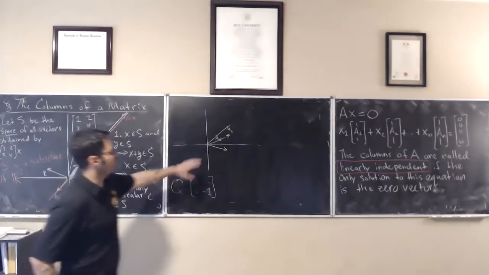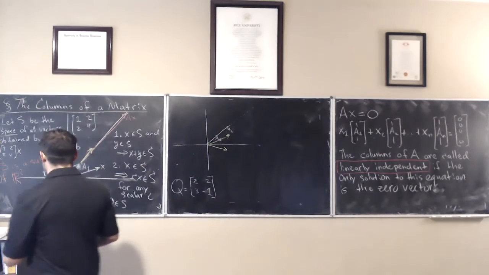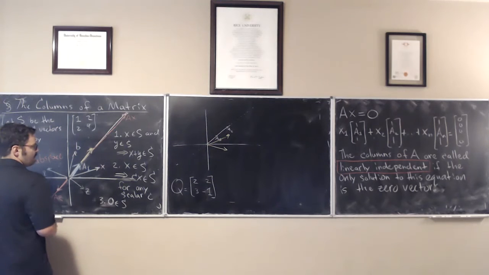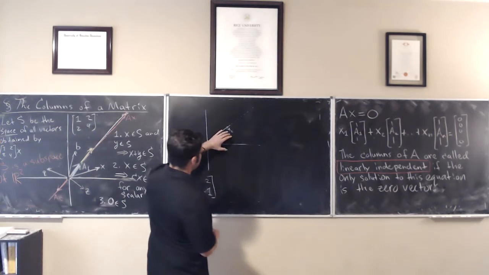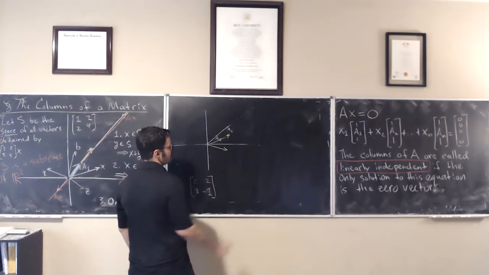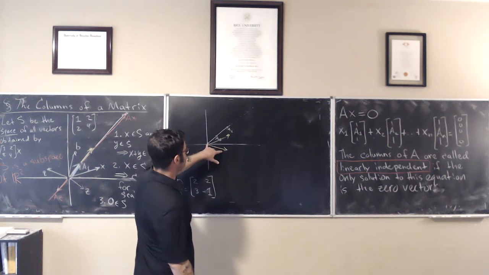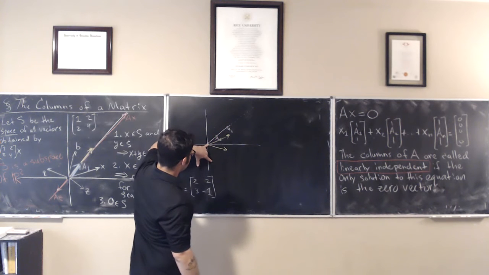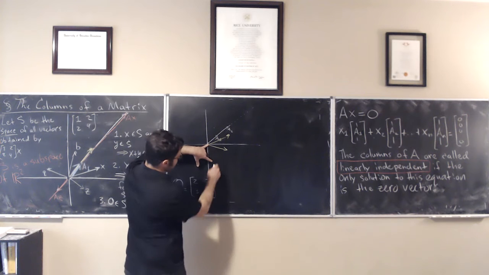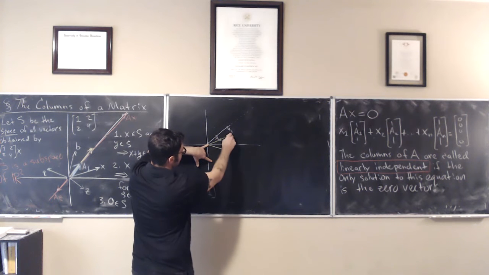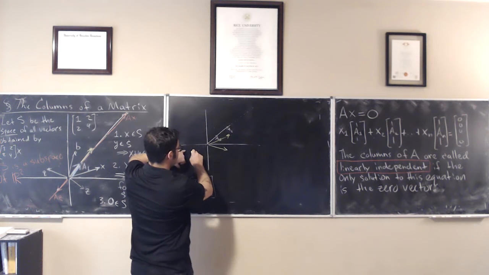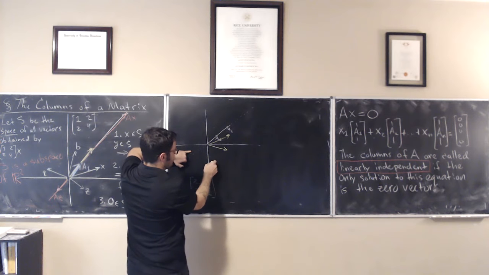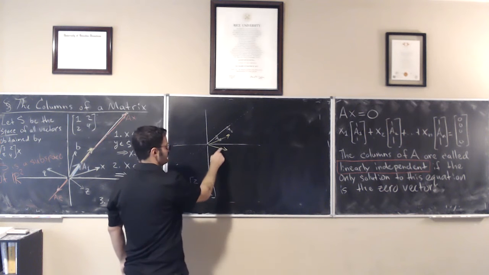When we look at these columns, we see that if we add them together, we can get pretty much anywhere. Suppose I subtracted that off of that, I could land right there if I wanted to. If I wanted to get there, maybe I could scale that one back this way and point it there, and subtract that and then add that.